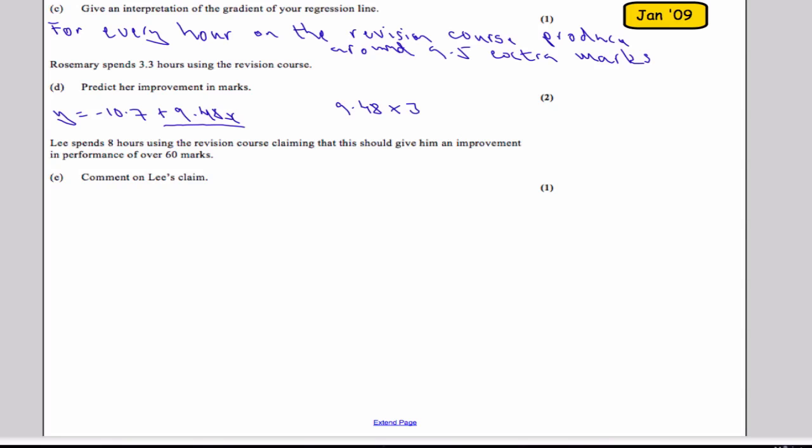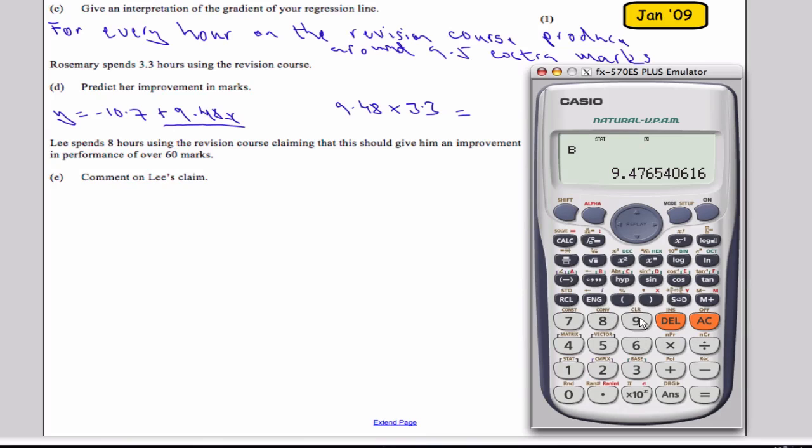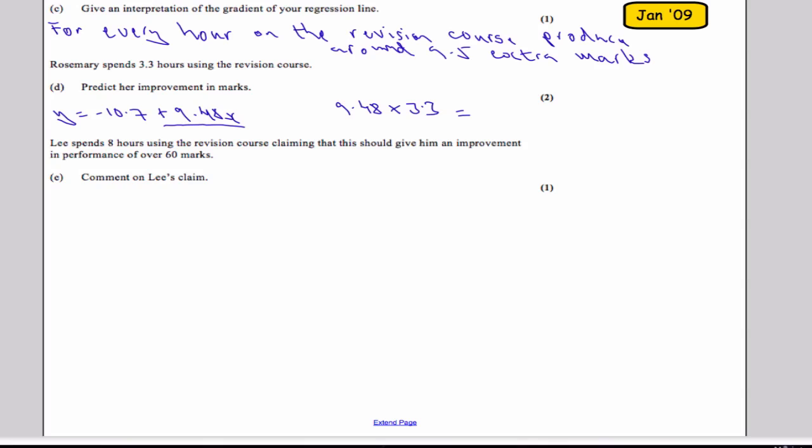multiplied by 3.3. So let's take out the calculator. 9.48 multiplied by 3.3 gives me 31.284. Of course, I need to factor in the minus 10.7 as well.